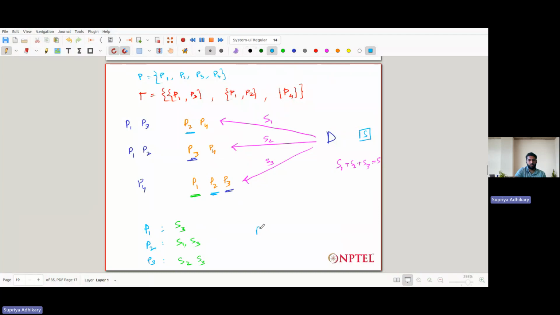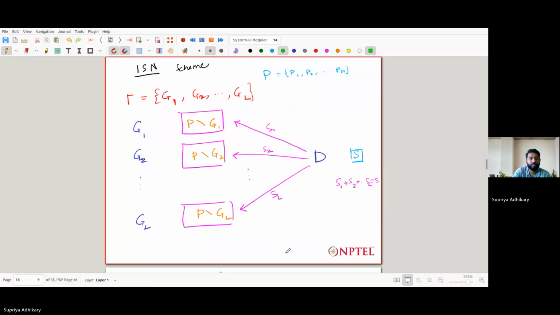And finally P4 would get S1 and S2. So these are the shares that P1, P2, P3 and P4 get.